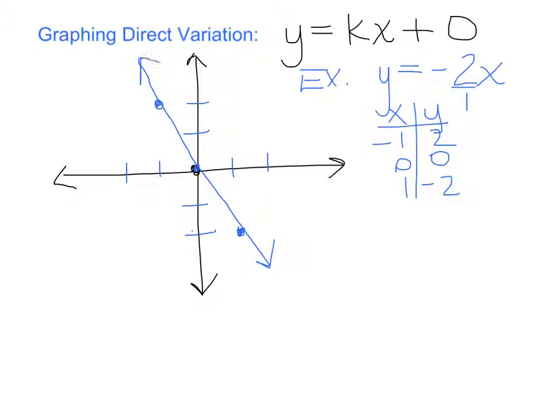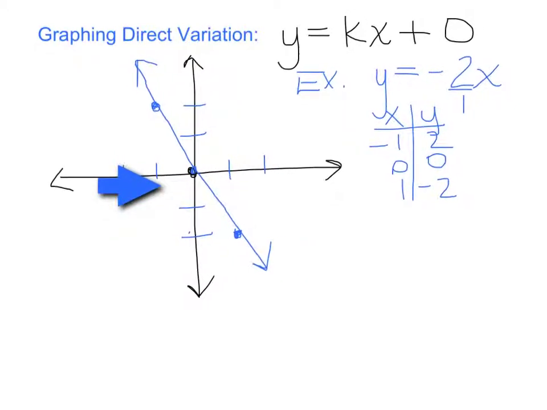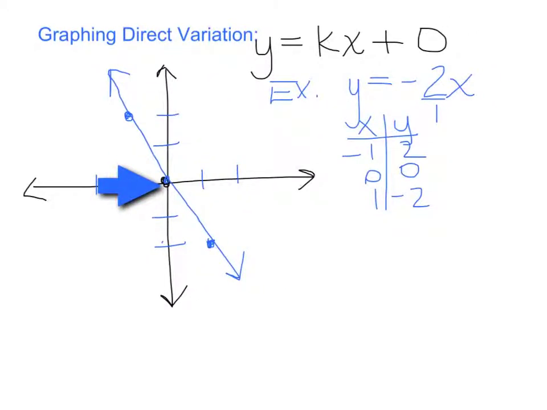So all direct variation graphs have to go through the origin. I'm just going to point to it. Right there. They have to go through there. And then if you have a positive slope, of course, it would be facing this way. But it has to go through the origin. And then basically, that is your lesson.